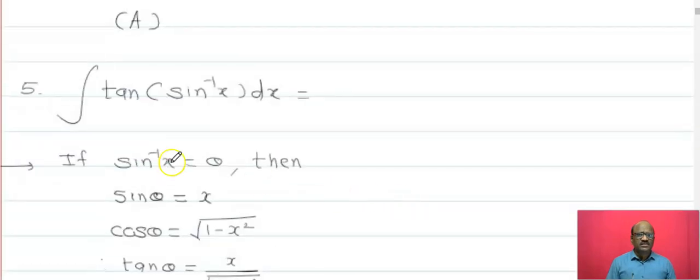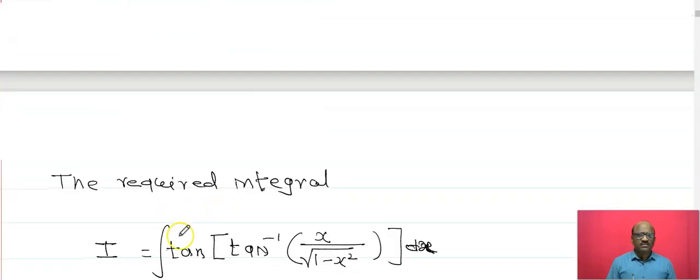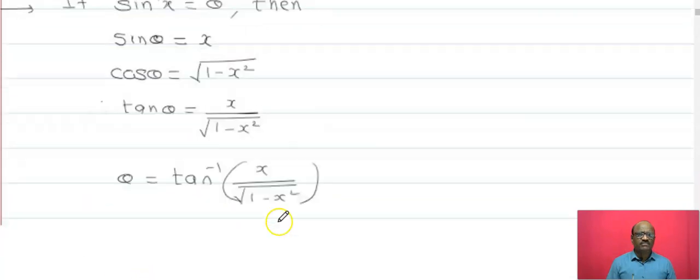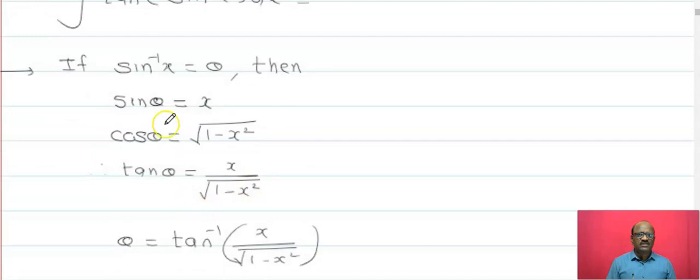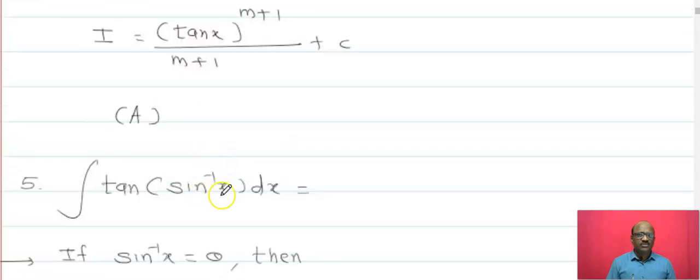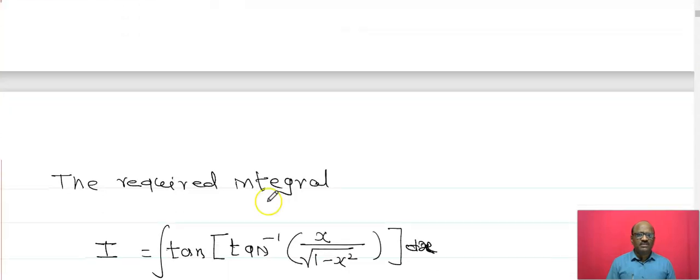Now see this here, this is our integral. We have to find out the value of I, that is equal to integral first is the tan. What about the sine inverse? That is sine inverse of x. What is the value of that?